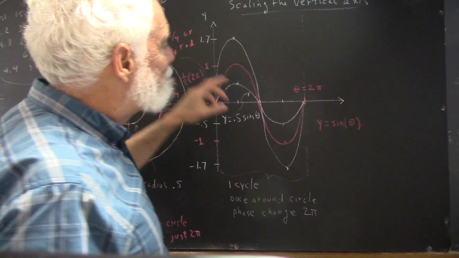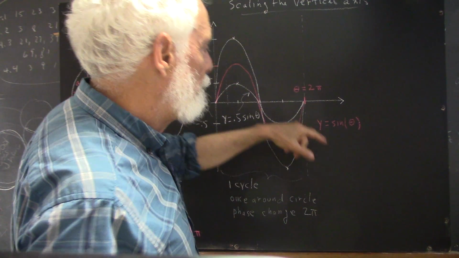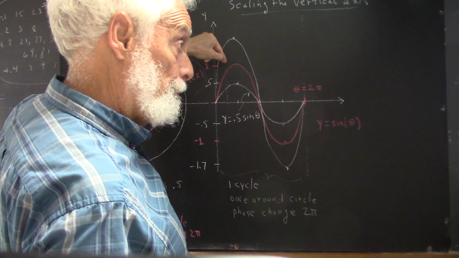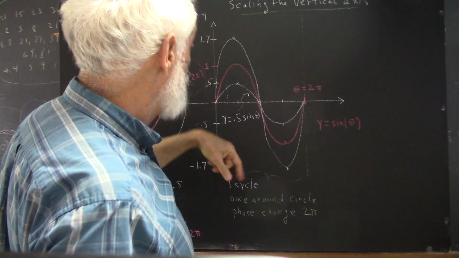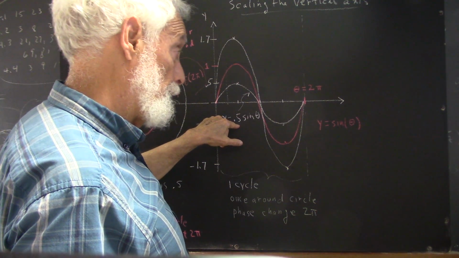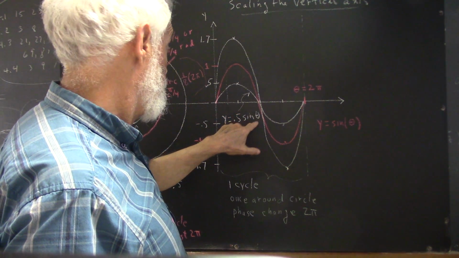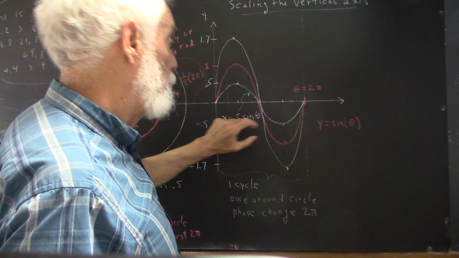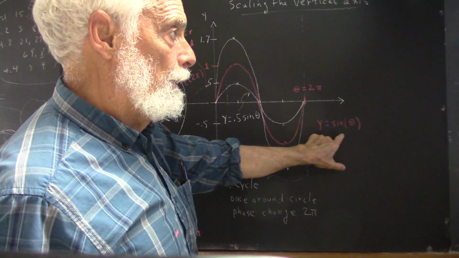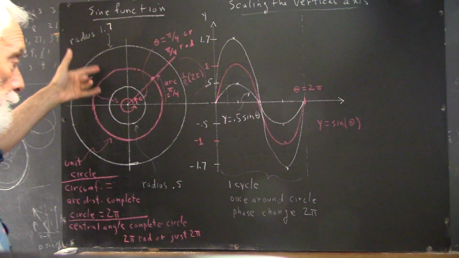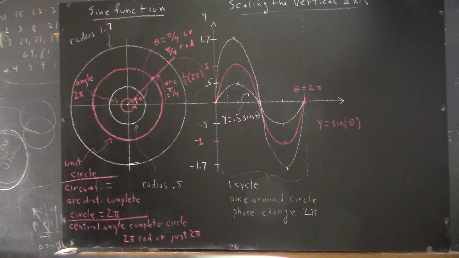Because sine of theta is the y-coordinate corresponding to the theta coordinate on the red graph. The white graph is half as high, so the y-coordinate has to be half as high at the same value of theta. You get half the y-coordinate on this graph that you would get on this graph for any given value of theta, and that totally corresponds to what we just talked about.